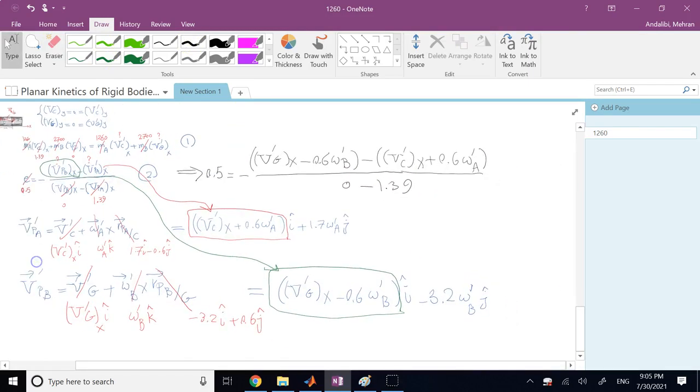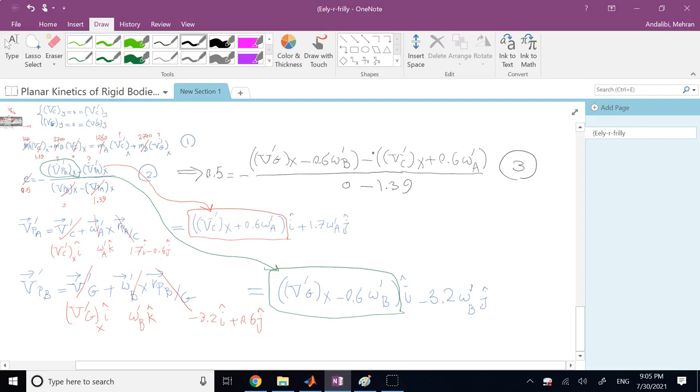So now if you call it equation 3, this 3 looks a lot better. So now you have 1 and 3, you have 2 equations, but still 4 unknowns: V prime CX, V prime GX, as well as the 2 omegas. So you need 2 more equations.